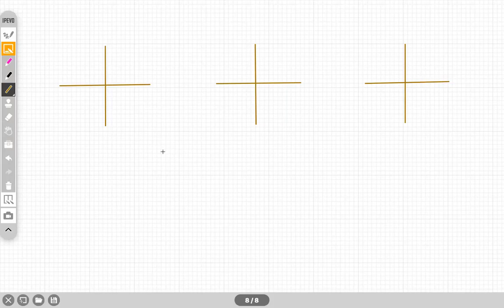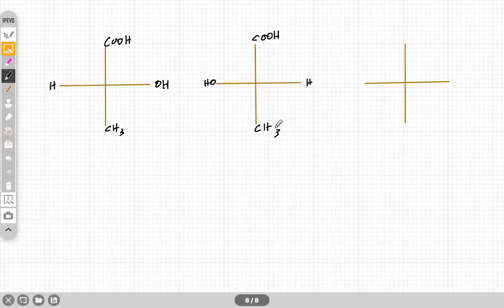You see the examples are: we have OH here, COOH on the top, we have CH3 here, and H here. This one is OH, H, COOH, and CH3. We have H, CH3, COOH, and OH.